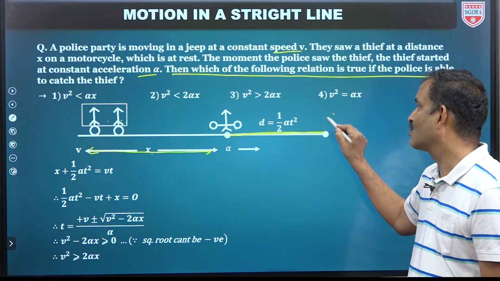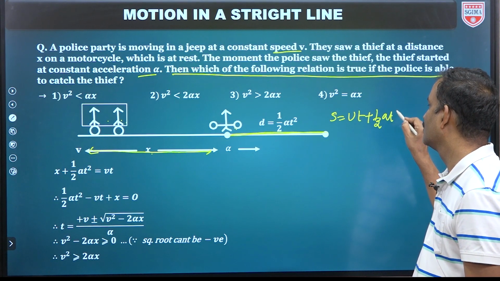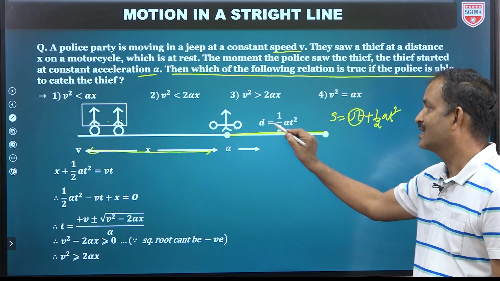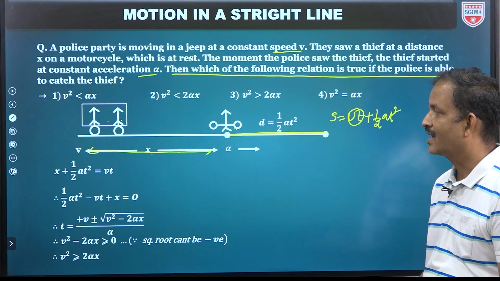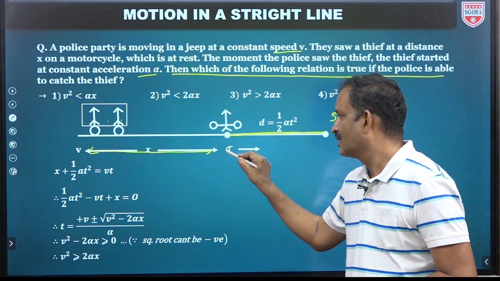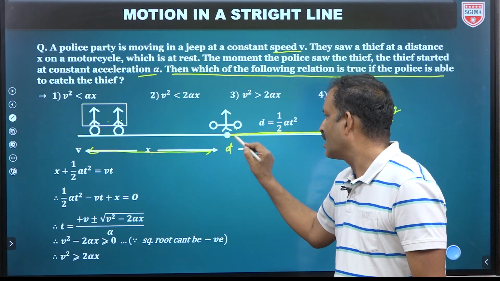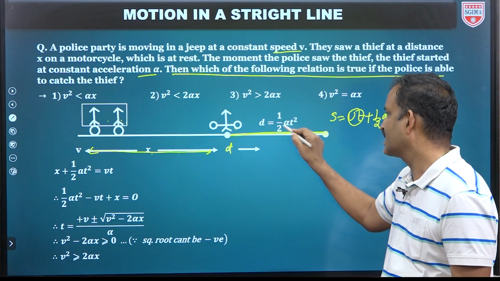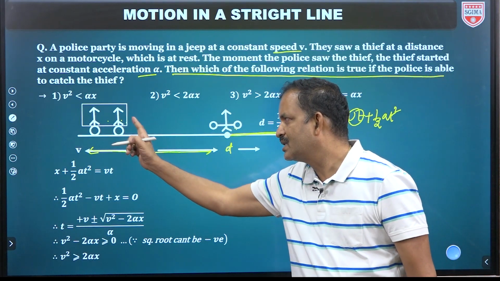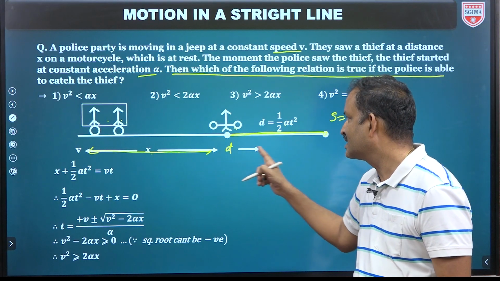So, s is equal to ut plus half at square, with u 0 and a is alpha. So, that distance is half alpha t square. Already the thief in t seconds comes to this point. Then this policeman should travel this x distance plus this distance.